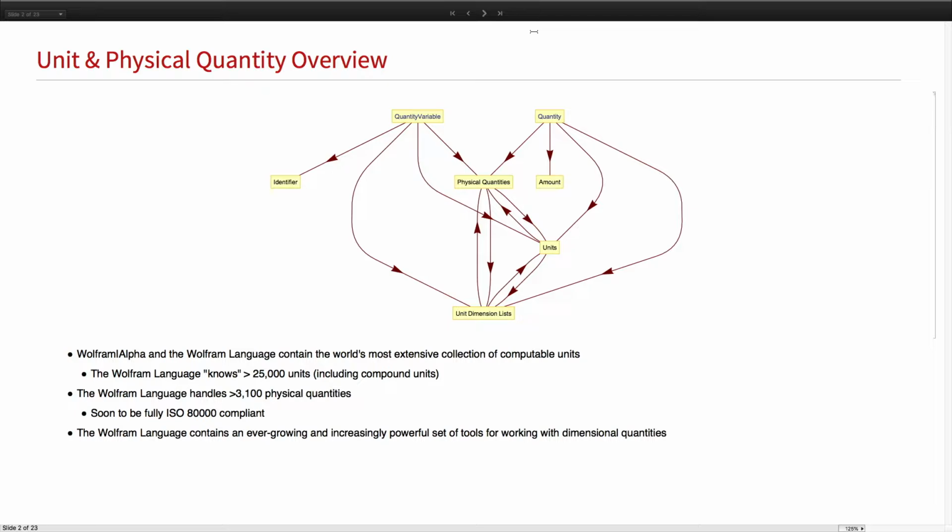And we're in the process of making those physical quantities compliant with the ISO 80,000. You should be seeing some of that in the conference build, and we hope by the release of 12 that we'll have all of that in there. We also have a wide range of functions, and we're continuing to add to them, for manipulating these quantities and physical quantities.